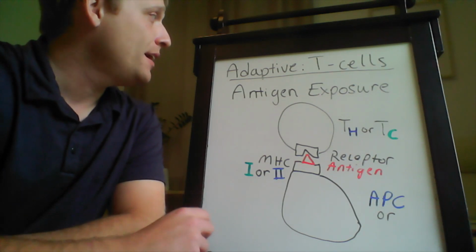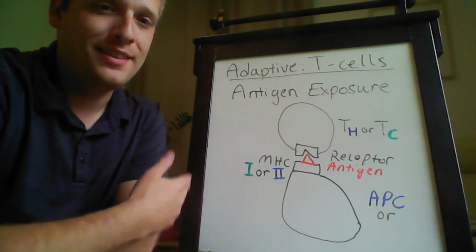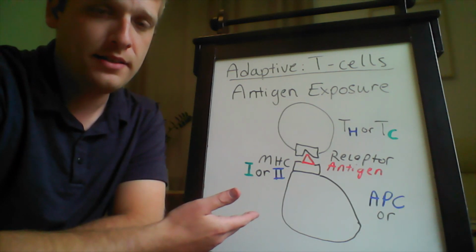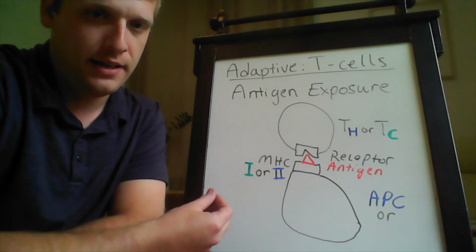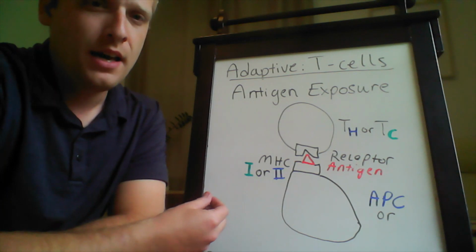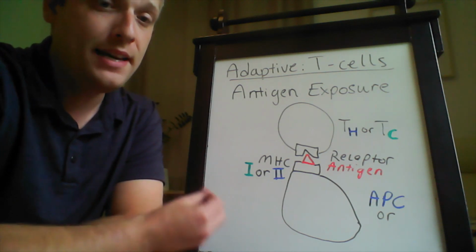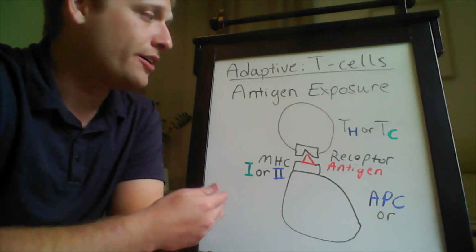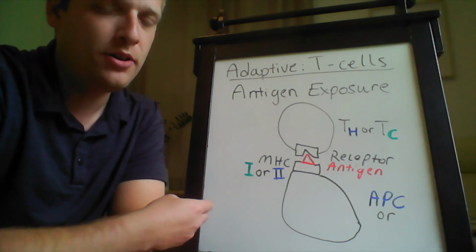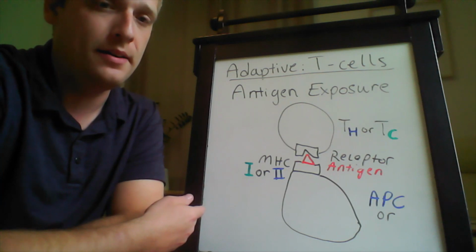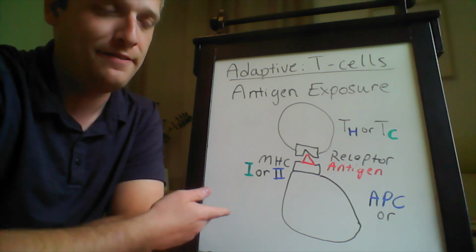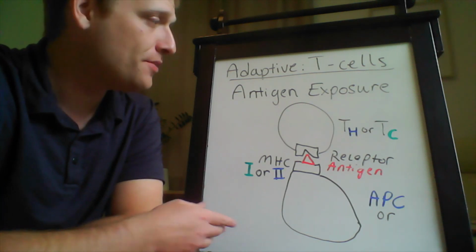So in the adaptive immune system, you have the cell-mediated responses and you have the antibody-mediated responses. And beginning with the cell-mediated, the cells that are mediating this response are the T cells. And remember, those are going to be maturing in the thymus and found in the lymphoid organs.